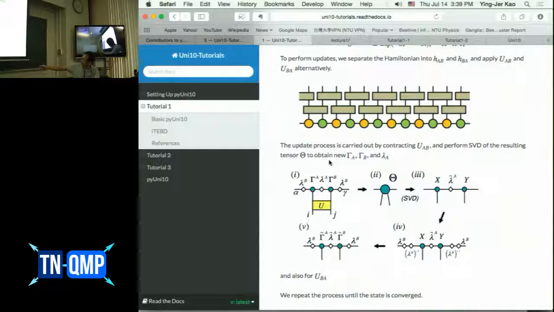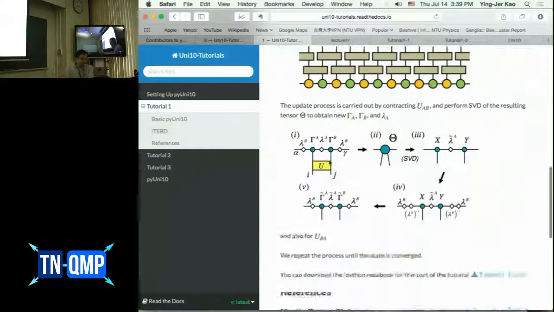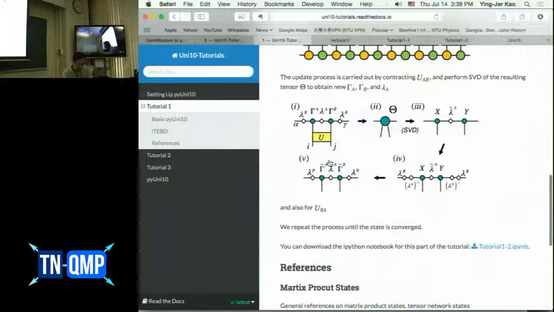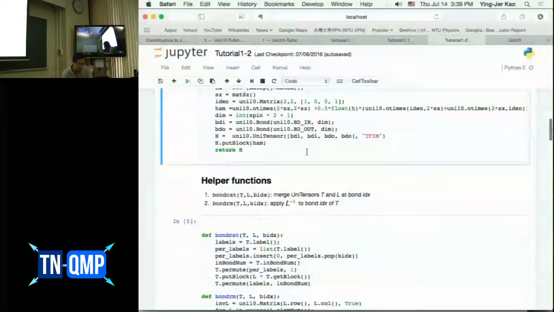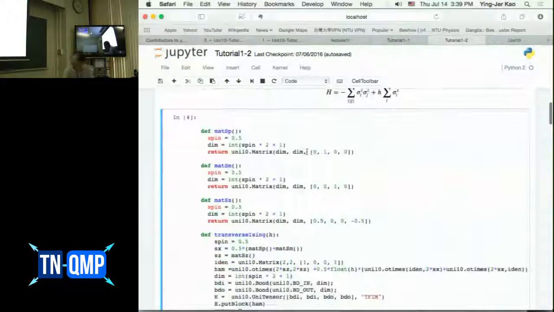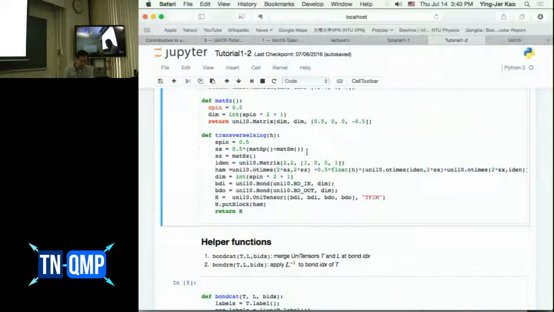In this method, there's some inverse of the singular values involved, so it might be numerically unstable, but this is easy to understand. So this code just tries to implement this. We have the Hamiltonian.